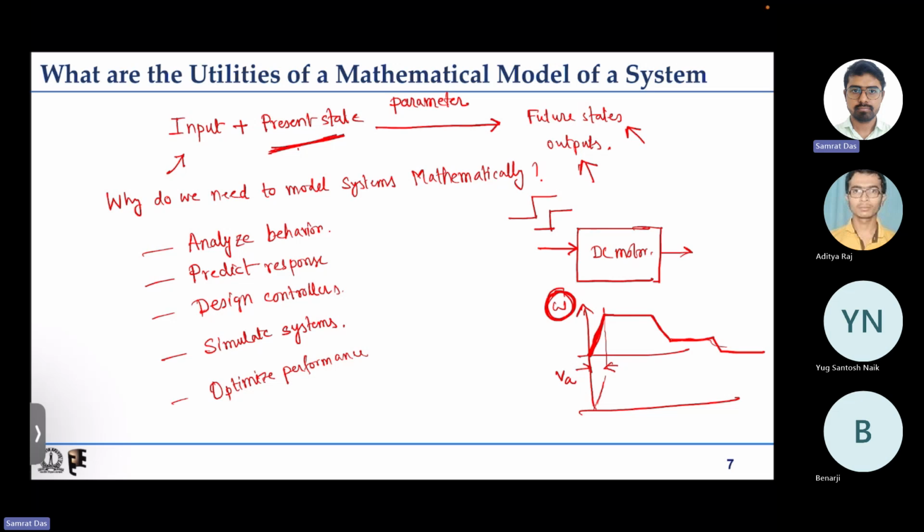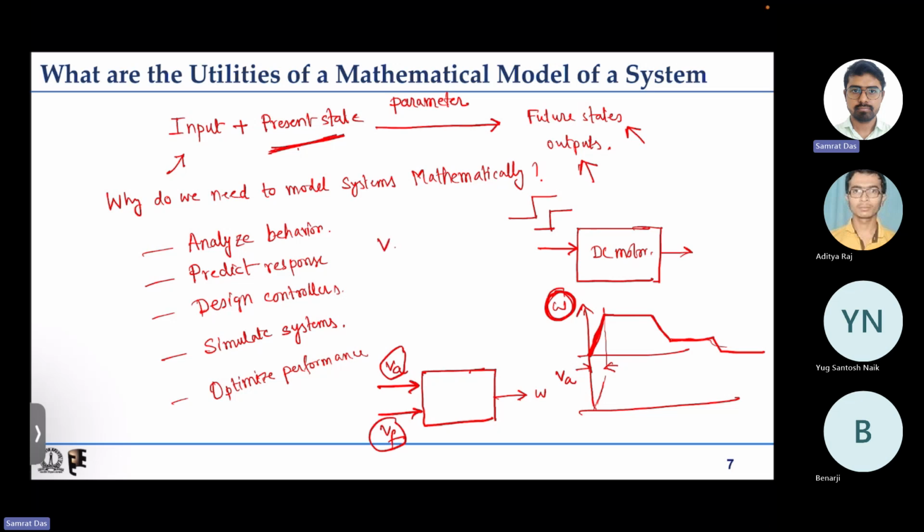Because we have two inputs to our motor, say armature voltage and field voltage, and we want speed, it is possible that there will be multiple combinations of these two inputs that can take us to the same speed.